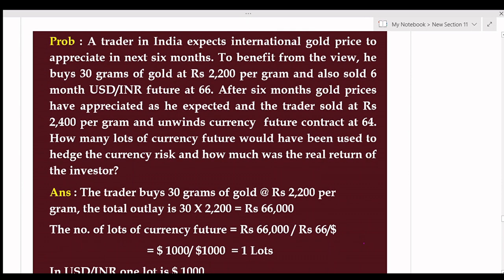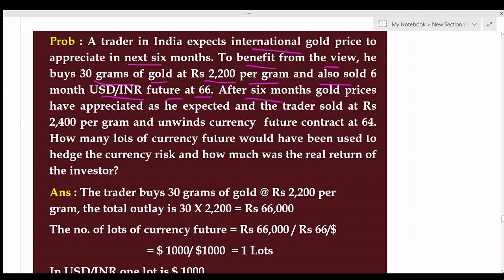A trader in India expects international gold price to appreciate in the next 6 months. To benefit from the view, he buys 30 grams of gold at rupees 2,200 per gram and also sold 6 month USD INR future at rupees 66.